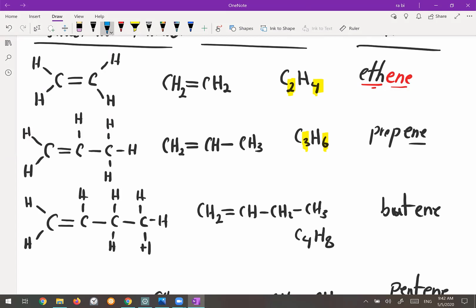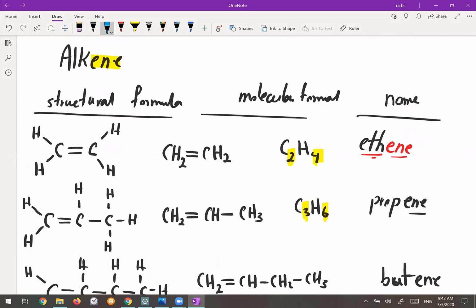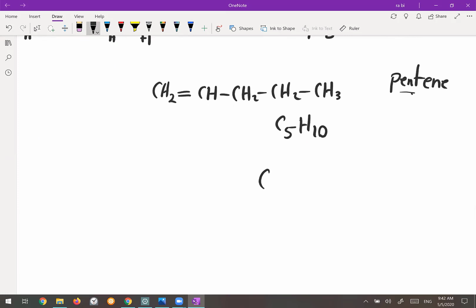So the general molecular formula for alkenes is CnH2n. So if I want to write the molecular formula for an alkene with 30 carbons, it would be C30H60, twice the number, 60.